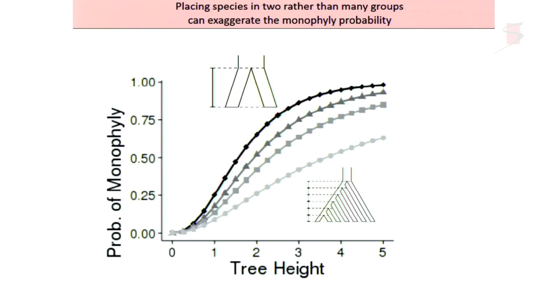What you can see is that lumping the lineages into 2 groups exaggerates the probability of monophyly. In the actual species tree, these lineages persist up the tree, and they're less likely to all have coalesced by the root of the species tree, whereas in this case, they're all able to coalesce on that leg of the species tree.